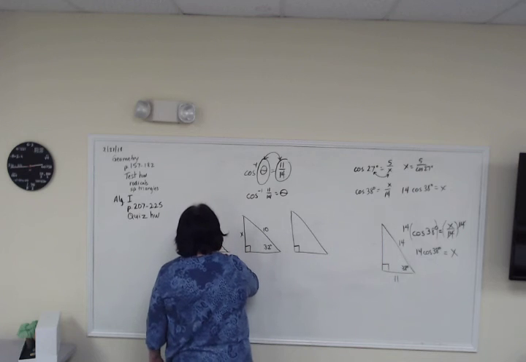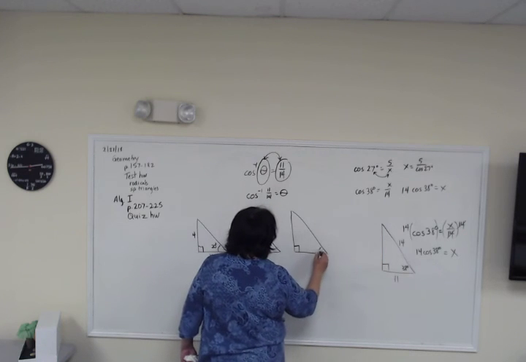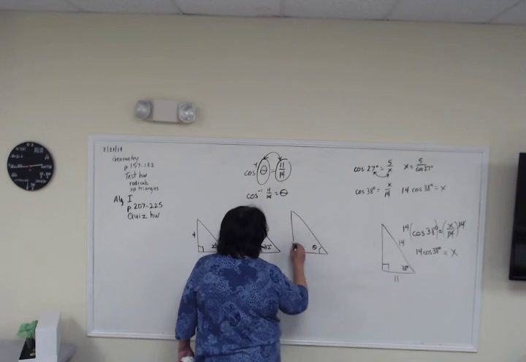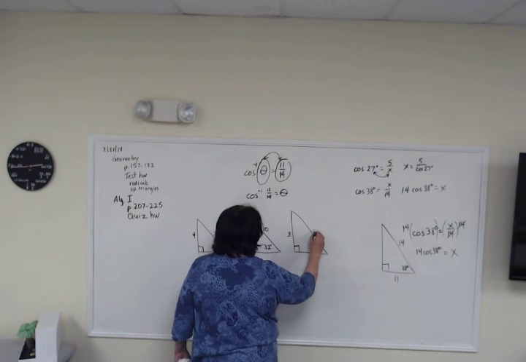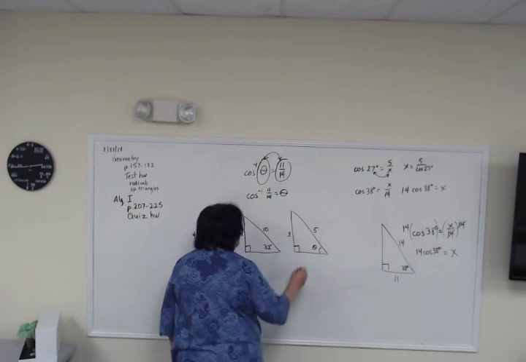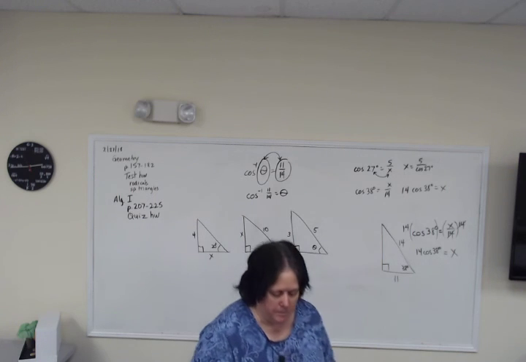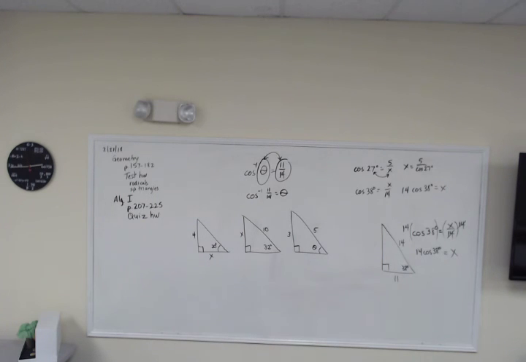Solve these 3 for me. It's 90. That was the first. Solve those 3 for me. Opposite over adjacent. Tangent. There's 10.